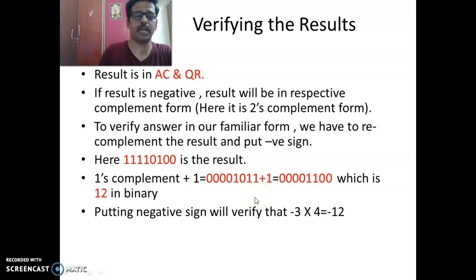After recomplementing it, we need to put the negative sign for the number. So if we put a negative sign for 12, we'll get minus 12. So that is our result, right?